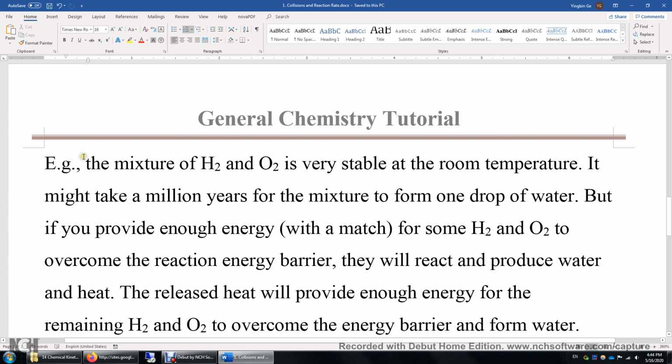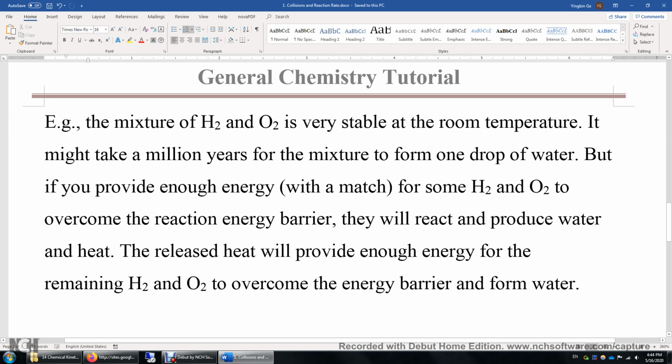Now I'm going to give you one example. If we mix hydrogen and oxygen gases, the mixture is actually very stable at room temperature. It may take 1,000,000 years or even longer for this mixture of hydrogen and oxygen to form even one drop of water.